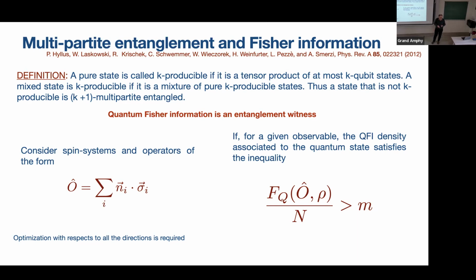So you will find vectors, yeah, sure. But the idea is that, in order to know if there is a kind of multipartite entanglement, you want to find the combination of directions that maximizes this quantity.